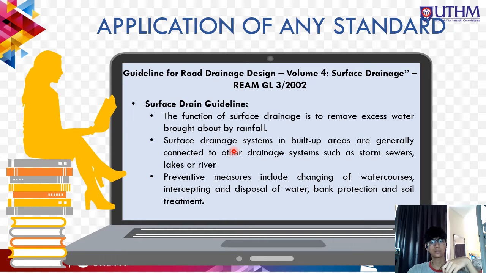Surface drainage systems in a bulk area are generally connected to other drainage systems such as storm sewers, lakes or rivers. Preventive measures include changing of the water course, intercepting and disposal of water, bank protection and soil treatment. This is the standard set by the REAM.